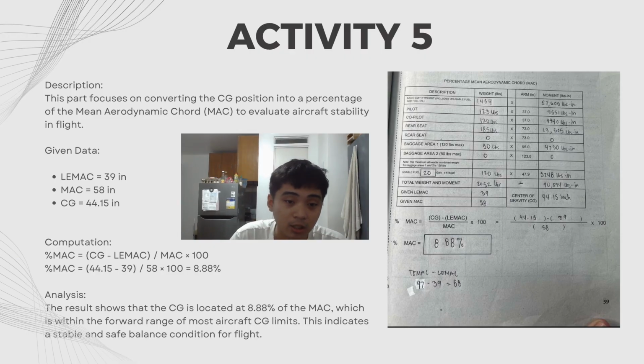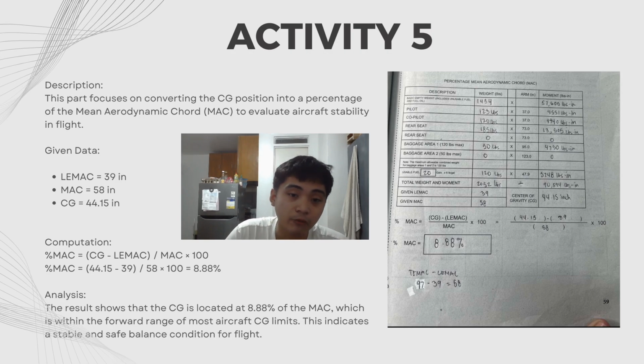To find the aircraft's center of gravity, we divide the total moment by the total weight. So CG equals total moment divided by total weight. That's 90,594 divided by 2,052, which equals 44.15 inches.